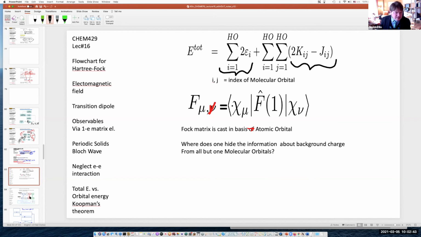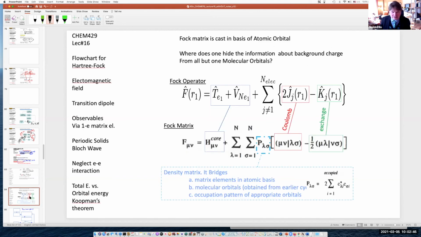And a little technical detail: here, what I underline are matrix elements in atomic orbitals. And here this P lambda sigma is a combination of molecular expansion coefficients.